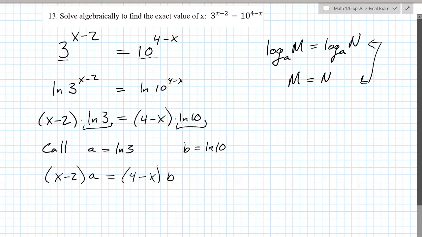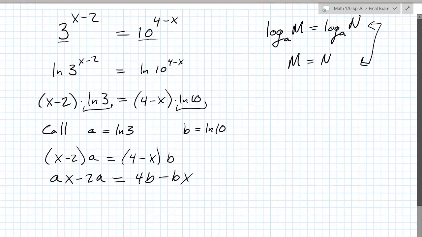This is a linear equation, so we have ax minus 2a after distributing is 4b minus bx. Let's get all the x's to the left-hand side and all of the numbers and the constants to the right-hand side. Adding bx to both sides gives us ax plus bx.